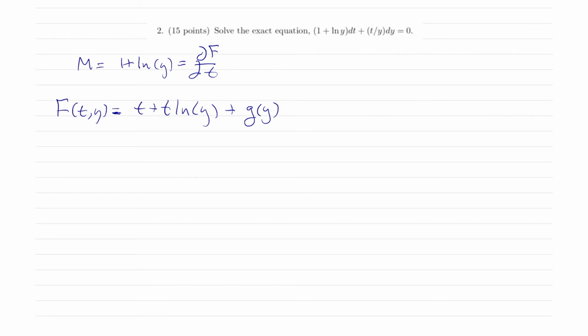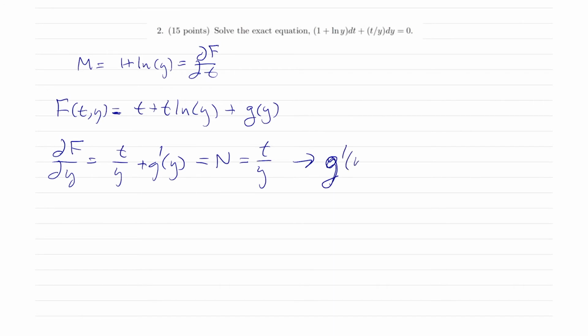Now I know if I take the derivative of f with respect to y, that's going to give me N. So this gives me t over y plus g prime of y. This should be equal to N, and that itself is t over y. So that tells me that g prime of y is equal to 0.